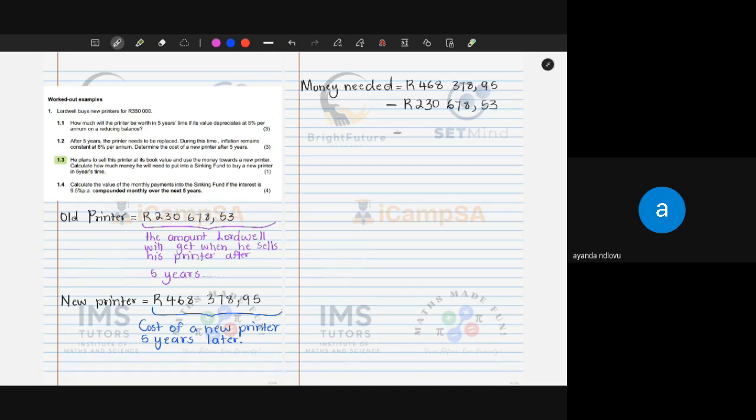So how much does Lord Well need at the end of the 5 years to add on top of what he's going to get from the old printer to be able to afford this new printer? How much? He needs 237,700.42.